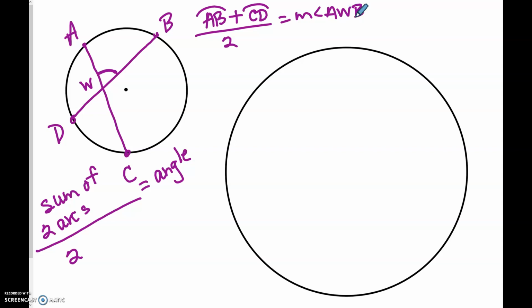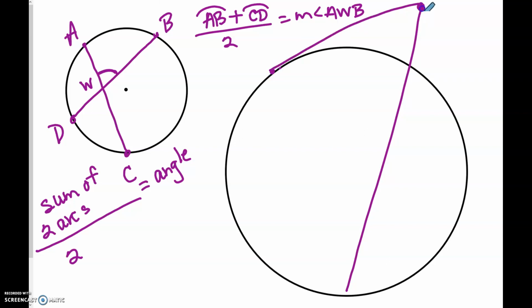All right, so we also have some different scenarios where we can have tangents or secants. So if this is a point of tangency and we go out to a point, and then we have a secant coming through here. Okay, that wasn't a very good tangent. So we have this point on the outside, and we want to find this measure in here, x.